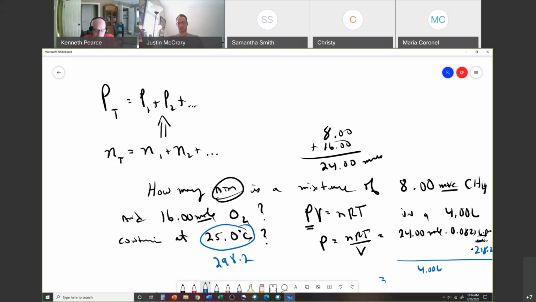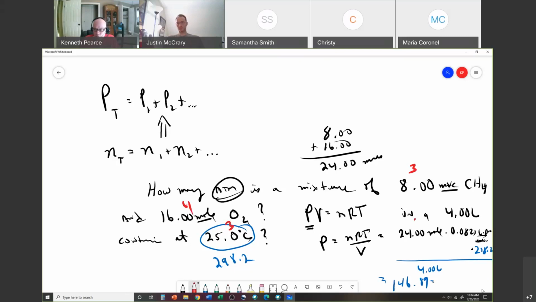We can put it in there. So we say 24 times 0.0821 times 298.2 divided by 4. And I get a pretty high pressure, 146.89, which is what? We have to go ahead and put that in significant figures. And we look through here and we see what? We see 4, 3, 3.